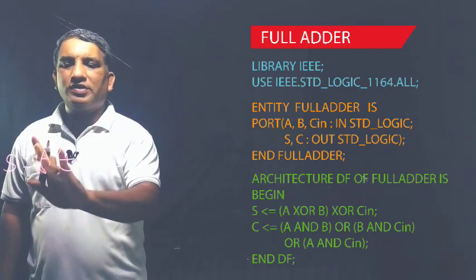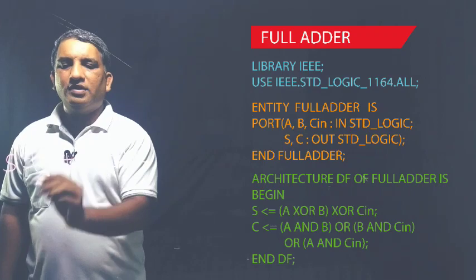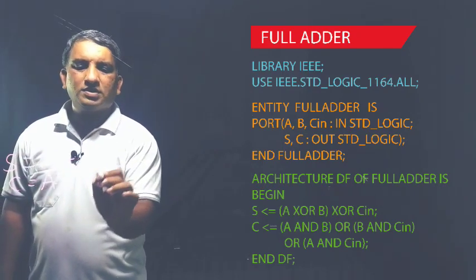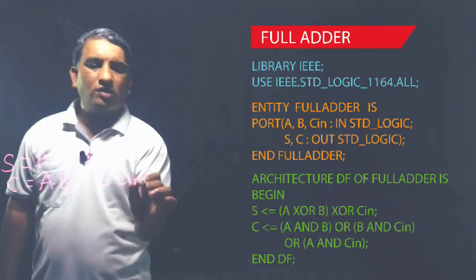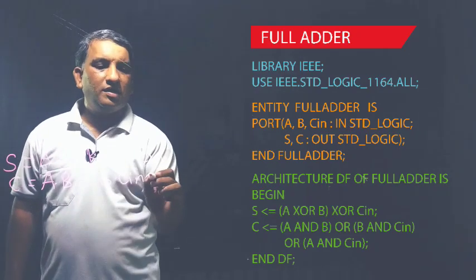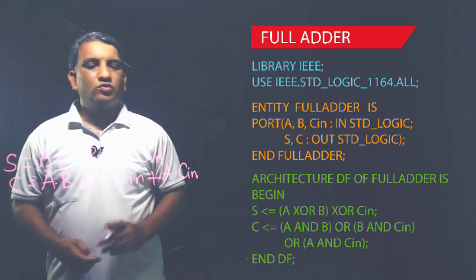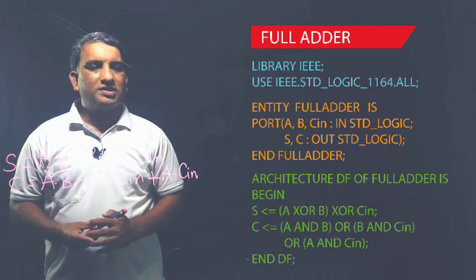So these are the output equations for the full adder, and for carry you will be having A dot B plus B dot C in. Here also you are having the C in plus A dot C in. Right? So we have to implement these two equations inside the architecture.